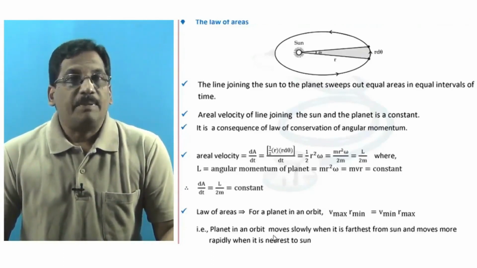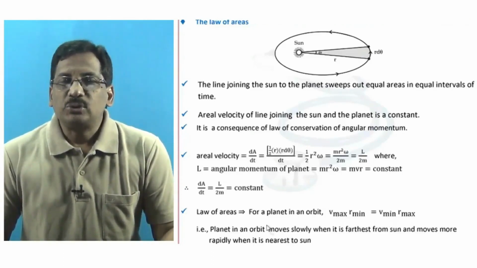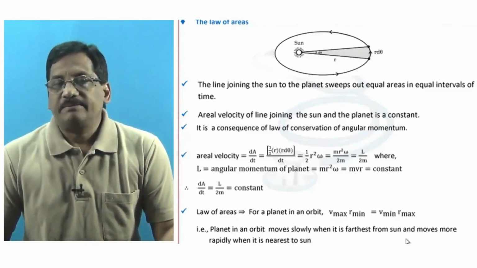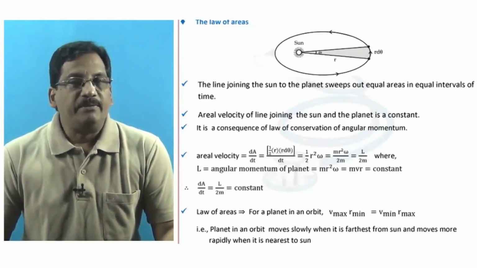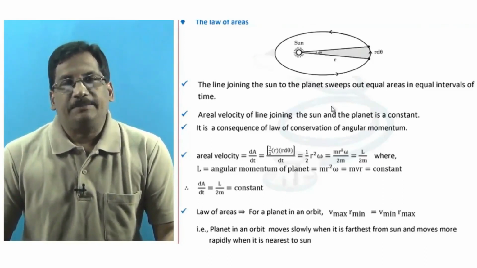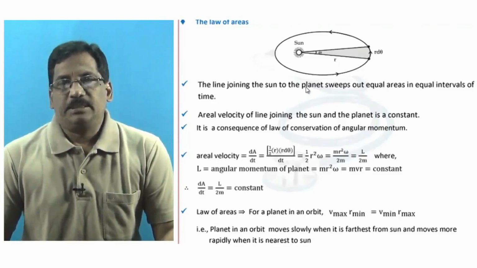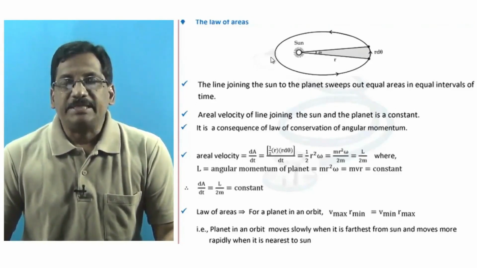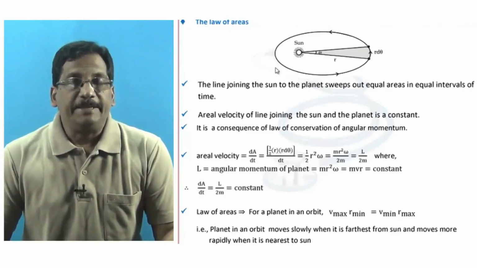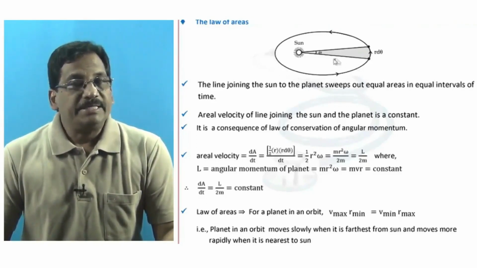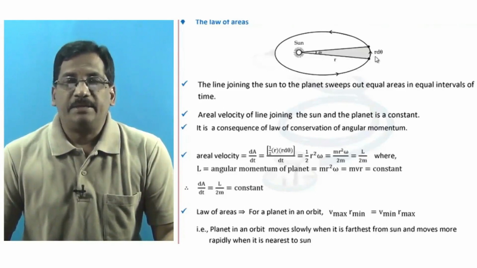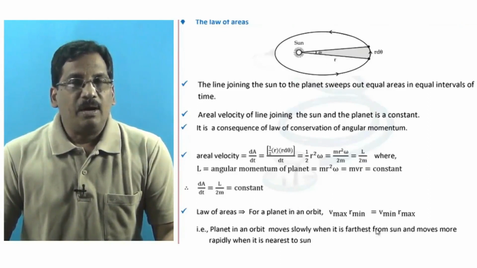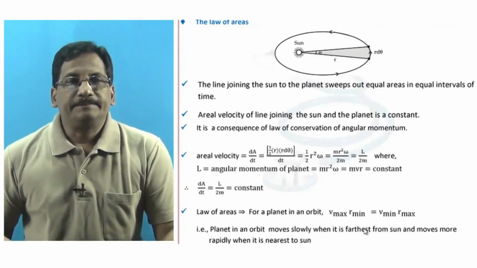That is, the planet in an orbit moves slowly when it is at the farthest distance from the sun and moves more rapidly when it is nearest to the sun. The speed of the planet is most when it is nearest, that is at perihelion, and least when it is at the farthest point, that is at aphelion. So the product v into r is a constant.